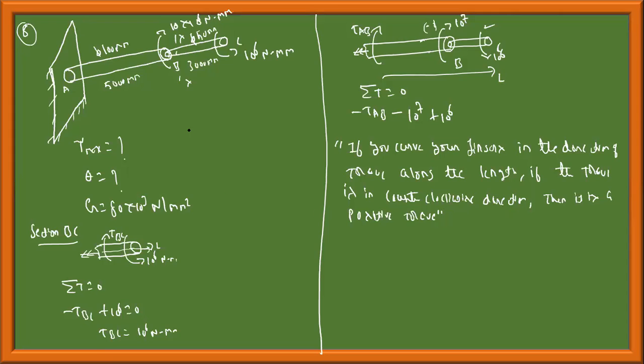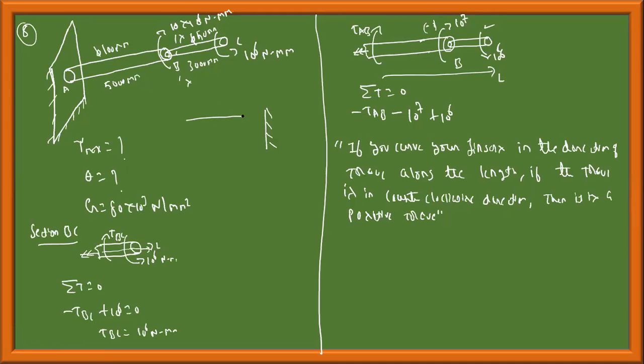there can be instances where a shaft can be given in this direction also. Shaft can be given like this also. Then this is point A, this is point B, then this will be the length, 0 to L. Then this is a counterclockwise torque, and this will be positive in this case.